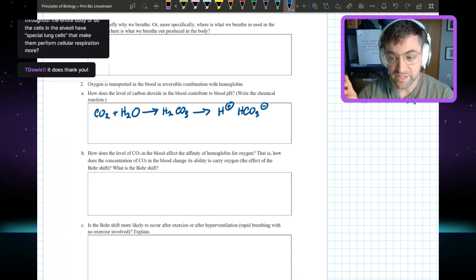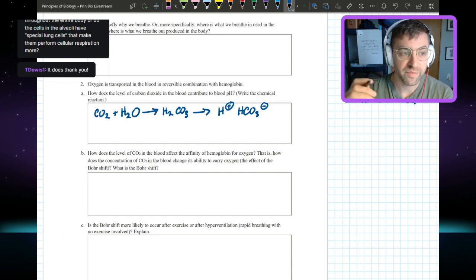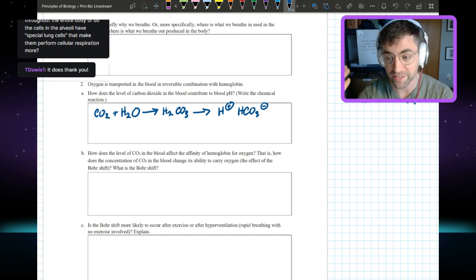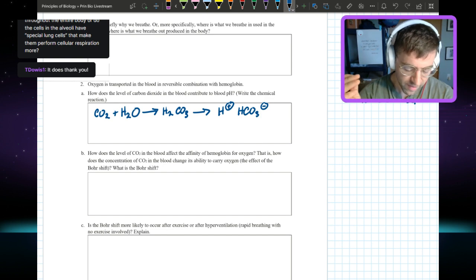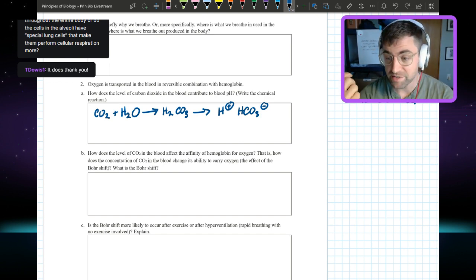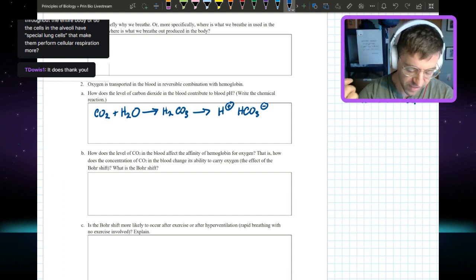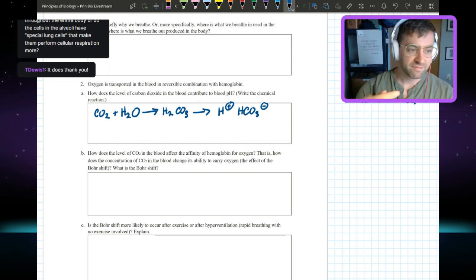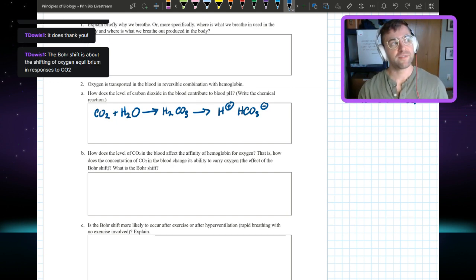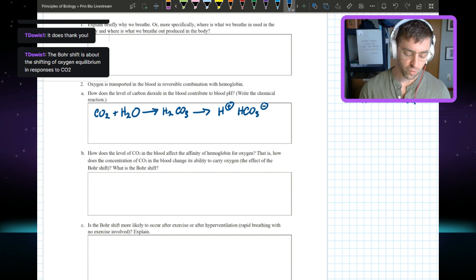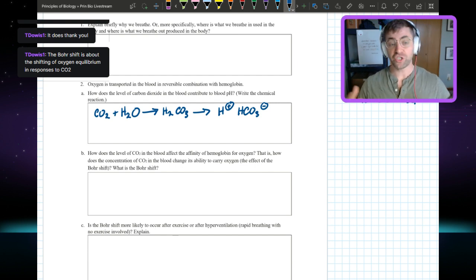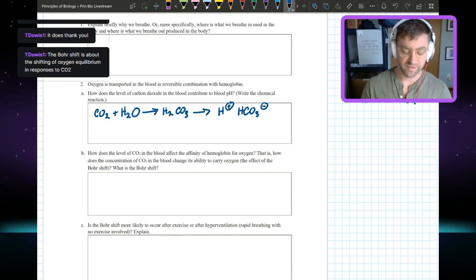If there's a high concentration of CO2, what we can infer is either not enough oxygen is coming in and cellular respiration is occurring in a deficit of oxygen, or metabolism is increased relative to the amount of oxygen coming in. So this one's kind of straightforward. Having made those assumptions, we could say that the conformation, or the shape, of hemoglobin molecules must change in response to the pH, the acidity of the blood.